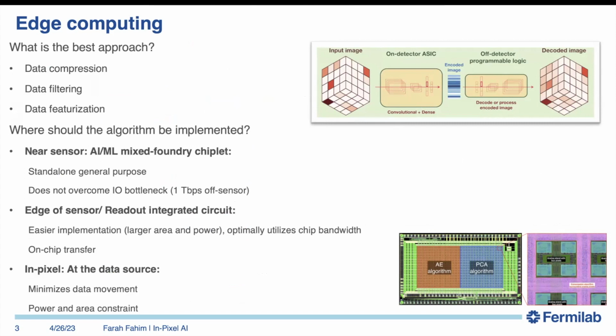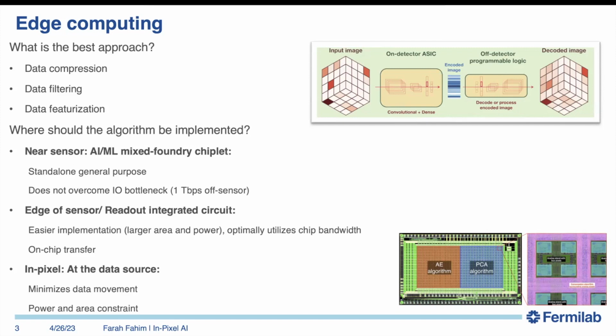Should this be near the sensor, like, for example, a chiplet that is just outside the sensing area? Or should this be at the edge of the sensor, like, for example, you have a large readout integrated circuit, and at the edge of the circuit is where you do all the data computation and then only send out the data dependent on the chip bandwidth?